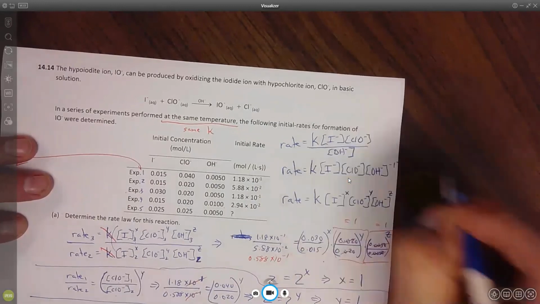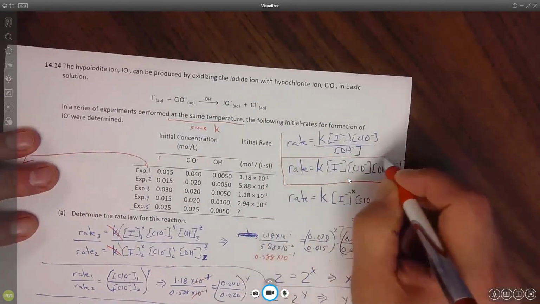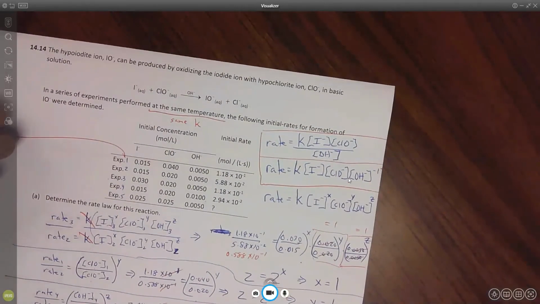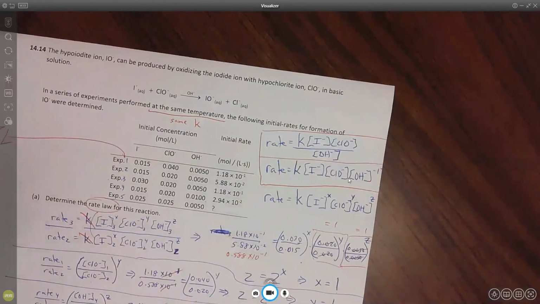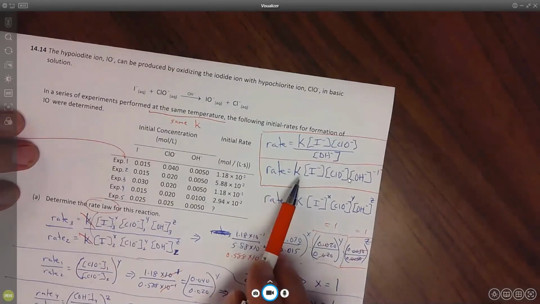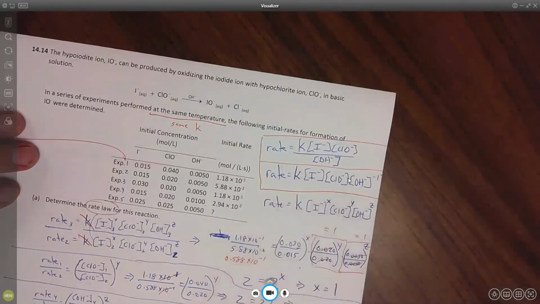They both mean the same thing, so however you're more comfortable writing it. But we just answered the question. That was the rate law for this reaction. Don't forget that k. This is the equation, so don't be putting values in for these things either. This is the actual equation.